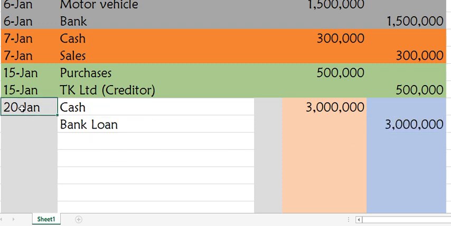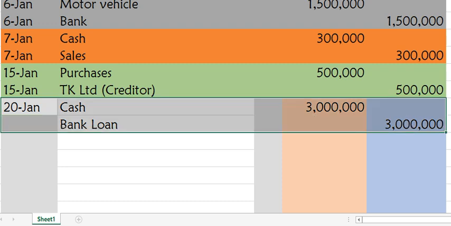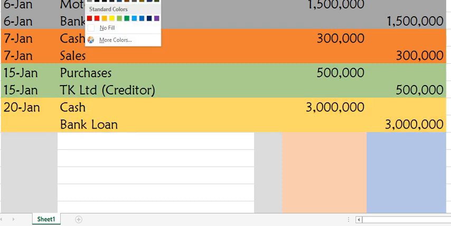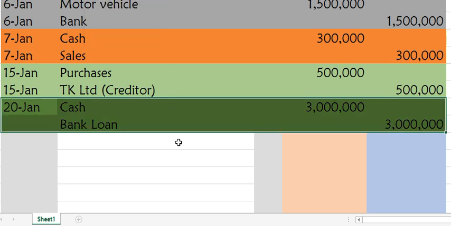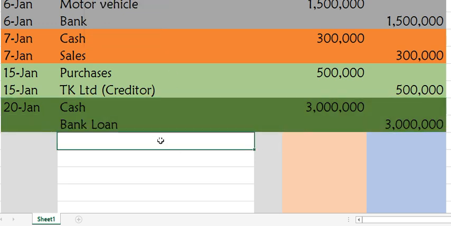Cash has increased, so that is an asset increase, as a result of the business obtaining a loan from the bank. Then we have to credit the bank loan, which is a liability to the business.